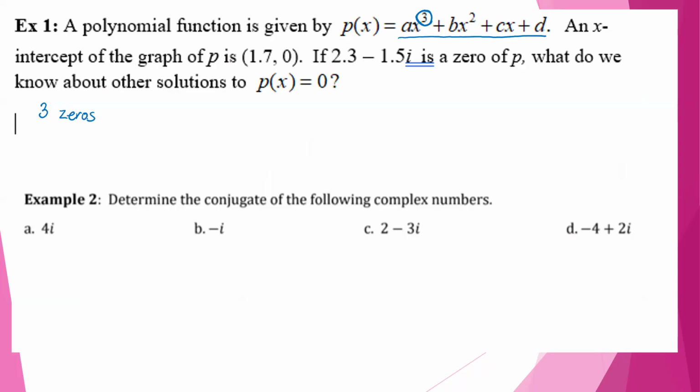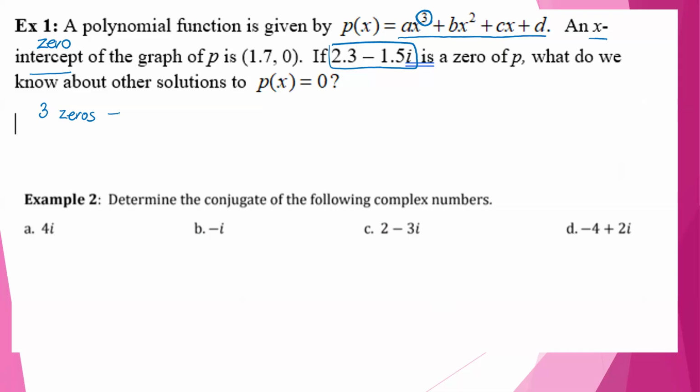Okay, 3 zeros, right? So what did it tell me? The x-intercept, another word for 0, is 1.7. So if 2.3 minus 1.5i is a 0, what do we know about the other solutions? I know I have 3 zeros or 3 solutions for this equation.